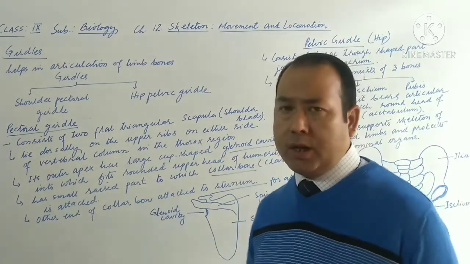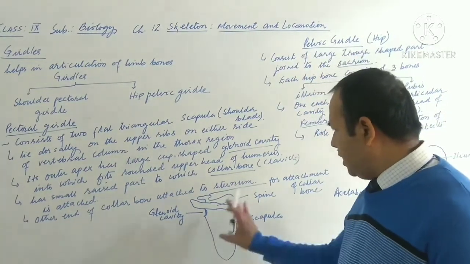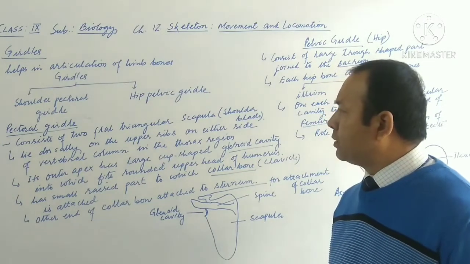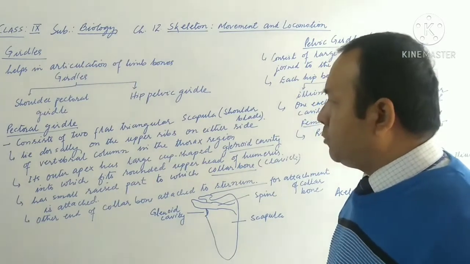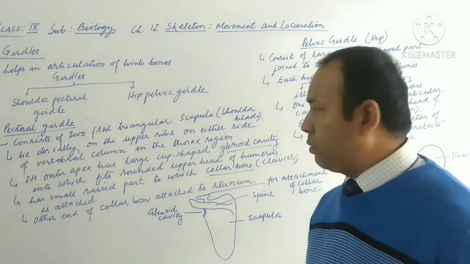A few points have been included here, and again a very rough diagram I have drawn for this pectoral girdle. The points which we need to remember are that pectoral girdles usually occur in pairs in our body.